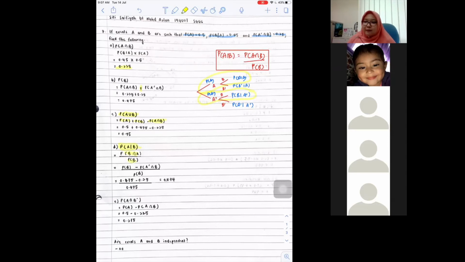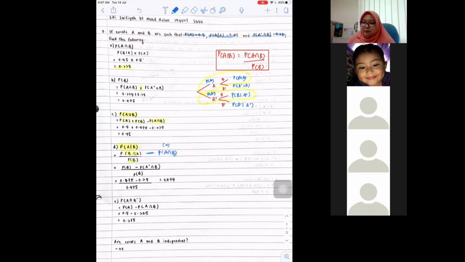Here we already have the answer for P(B intersect A). Sorry, the formula is P(B intersect A) over P(B). Okay, we already have the answer for this one because this is just the same as A intersect B. Okay, we have this answer from part A. So just take the answer.